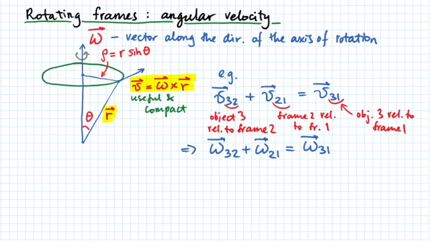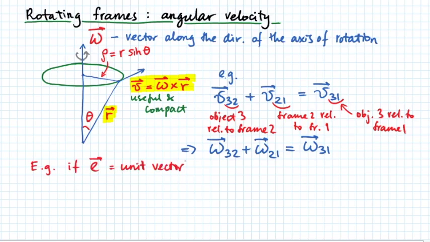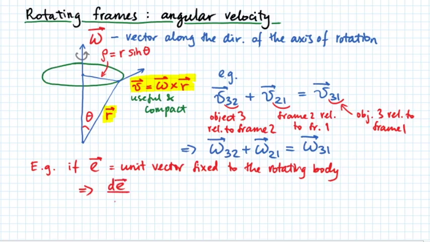For example, if we consider some unit vector fixed to the rotating body, then using the formula above, we're gonna find the rate of change of this vector will be given by angular velocity cross the vector itself.